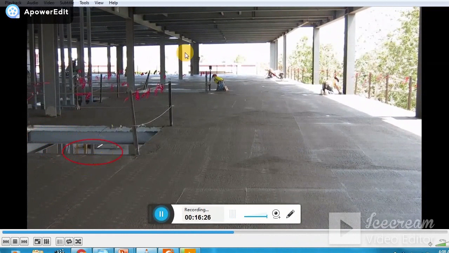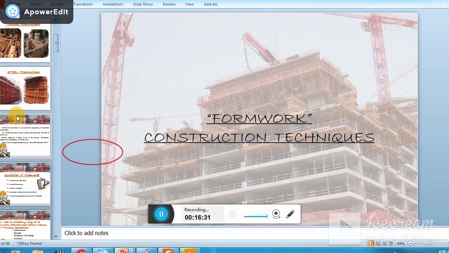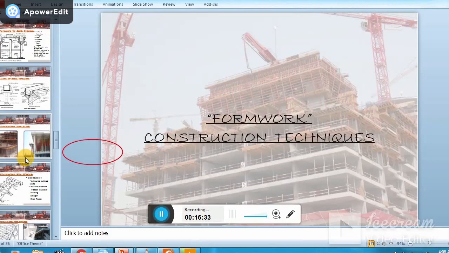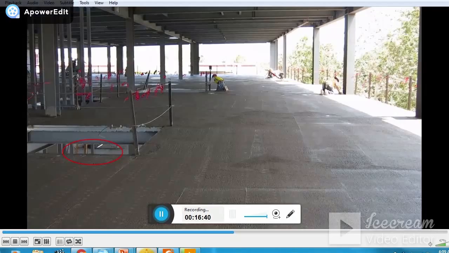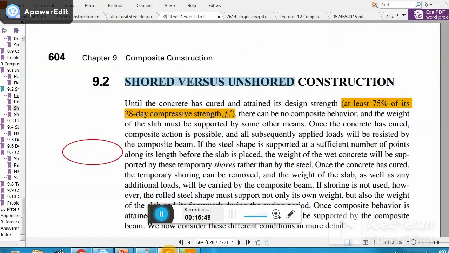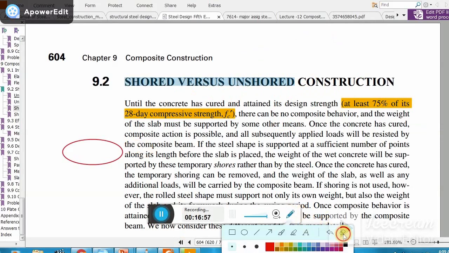If we provide initially any kind of support, like you see in these slides, such jigs or formwork provided to that beam, then it is called shored concrete. So this is how we differentiate between these two concrete processes. Clear?